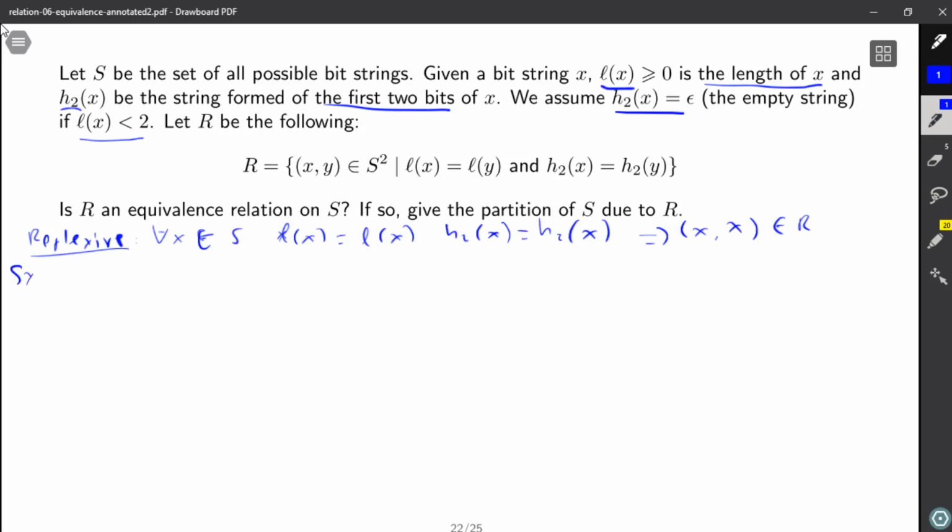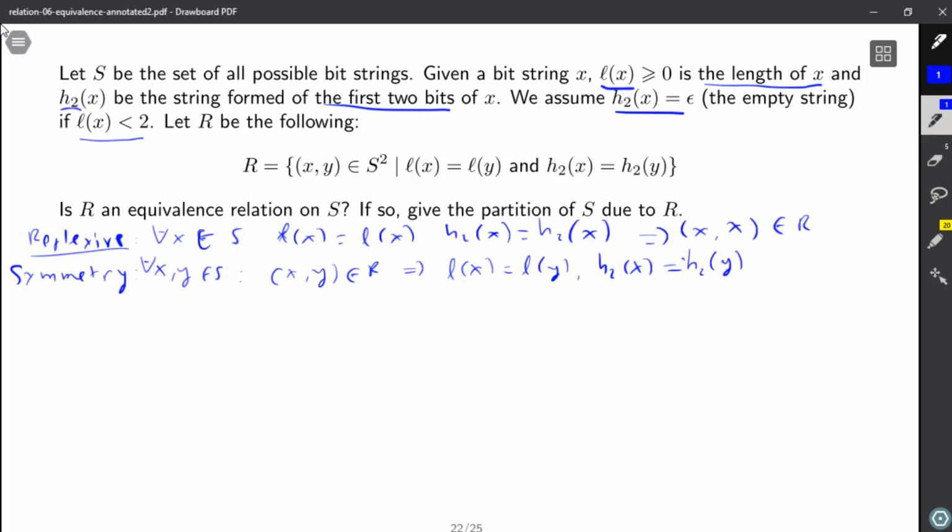Then for the symmetry, for x, y in S, if (x, y) is in R, then we have that L(x) is of course the same as L(y), and h2(x) is the same as h2(y).